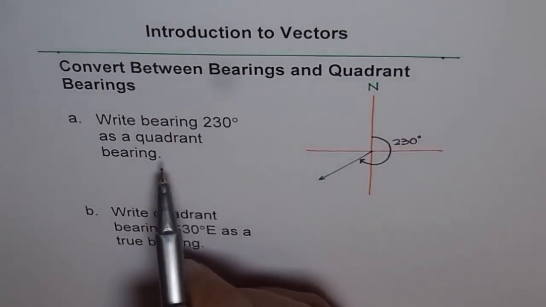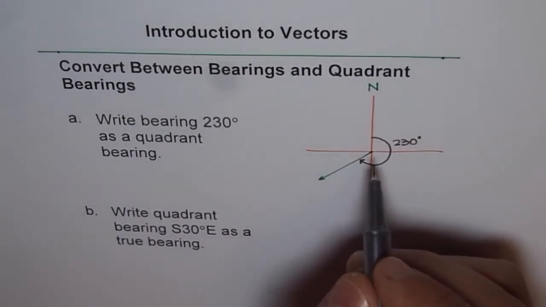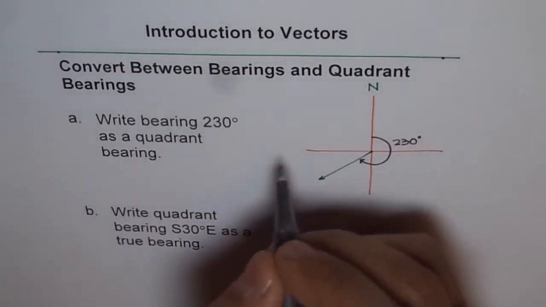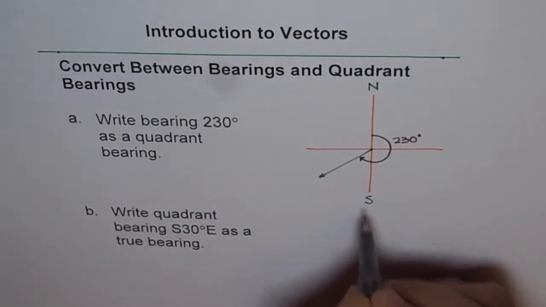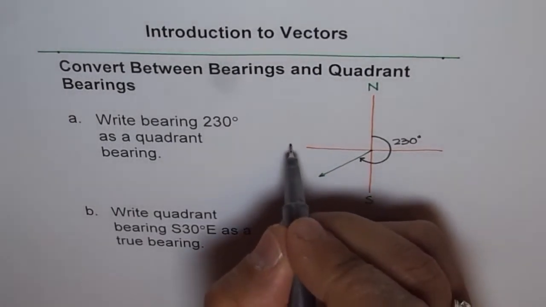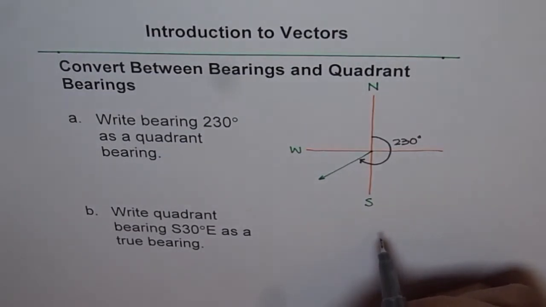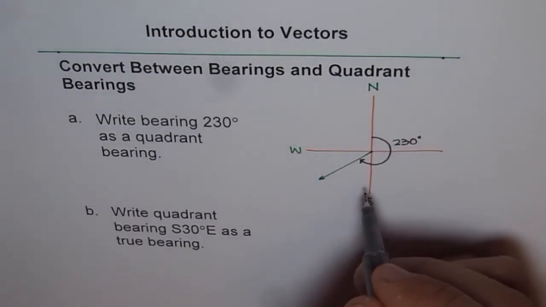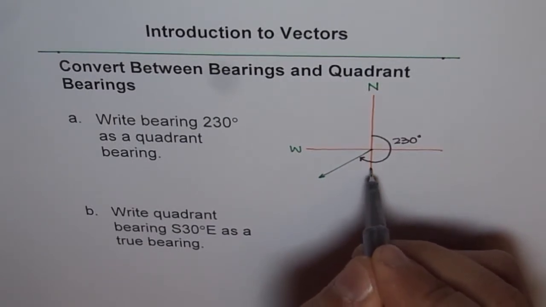To write it as a quadrant bearing angle, we write it with reference to the north-south line, and as an angle from west, as this is in quadrant 3. So from the north-south line, you can see we can relate it with south, right?